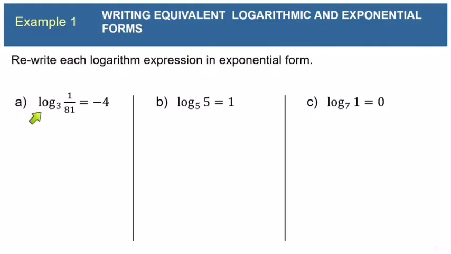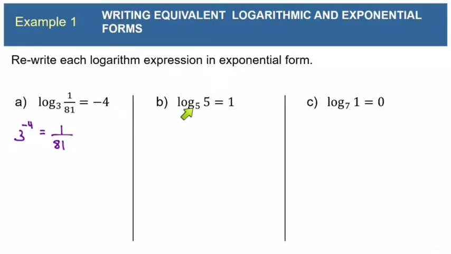Now this time, let's take the log expression and let's rewrite it in exponential form just to make sure we can go both ways. So this says log base 3 of 1 over 81 equals negative 4. So the base is 3, and we remember that a log is an exponent. So this is going to become 3 to the negative 4th power equals 1 over 81.